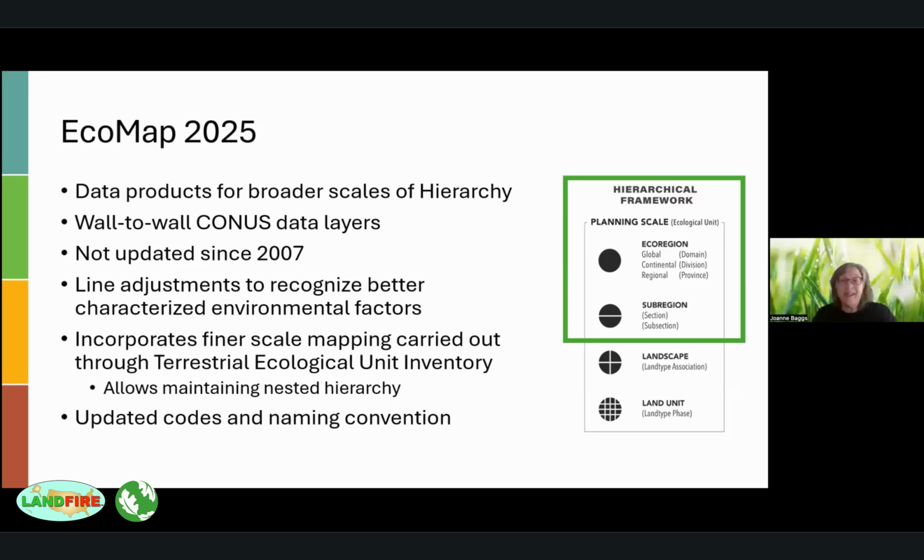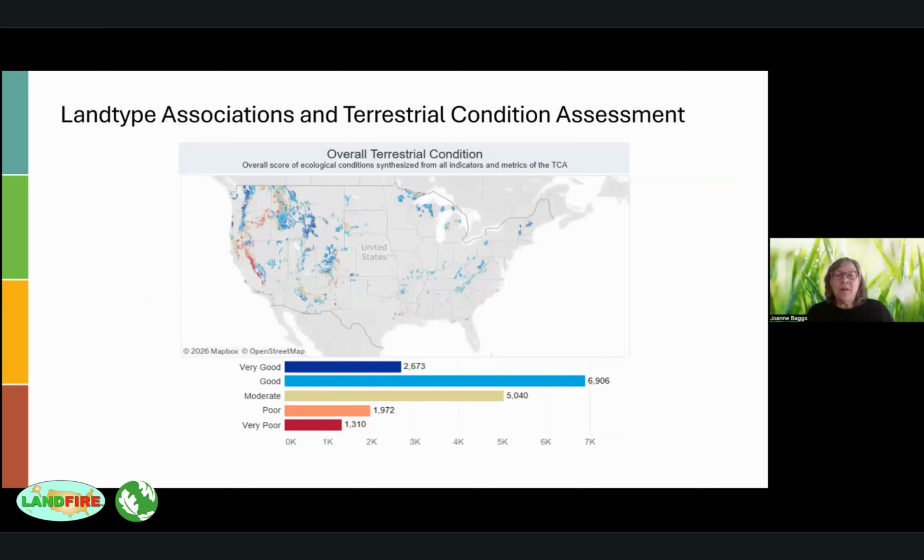All right. Thanks, Sarah. I want to start at the landscape scale and work up and show some different products. Sarah brought up some really good points. When we're at the landscape or land type association level, we're really focusing on NFS lands, although Sarah's done some great work with Stella and her larger team to start building out those LTAs. But here's the type of use we would have at that scale.